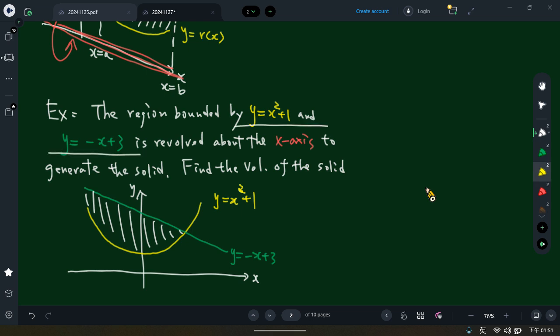Then the problem also describes that it just used the x-axis as its rotation axis. So this is the rotation axis, and the region is rotated through this axis. And what's the volume, right?